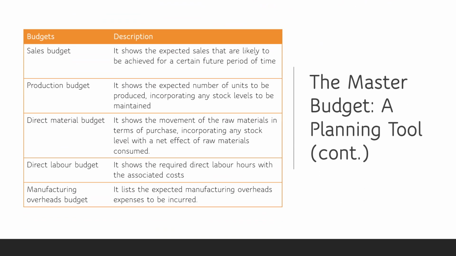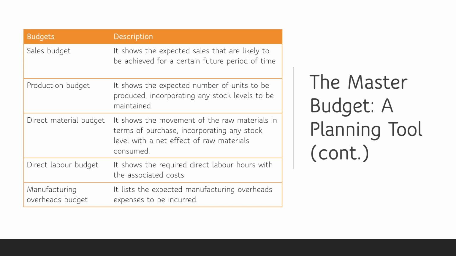Okay, you can see here the schedule. So here is the quick breakdown of each budget. The first one is the sales budget. Actually, it predicts how much the business expects to sell in a certain time period. Production budget is a plan of how many units need to be made, considering existing stock level.